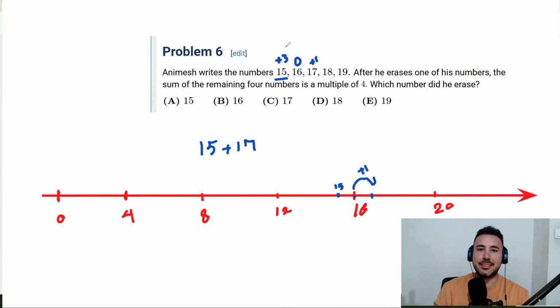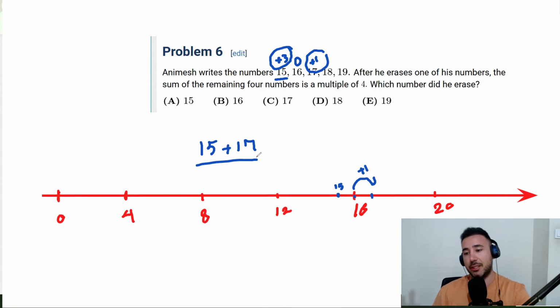We already said this is 3 more, and this is 1 more. Together they become 4. That means these numbers together will be divisible by 4. The plus 3 and a plus 1 is a 4 again. So when you divide this by 4, it's divisible. We're going to have no remainder. 15 plus 17, that is 32. It's divisible by 4, right?